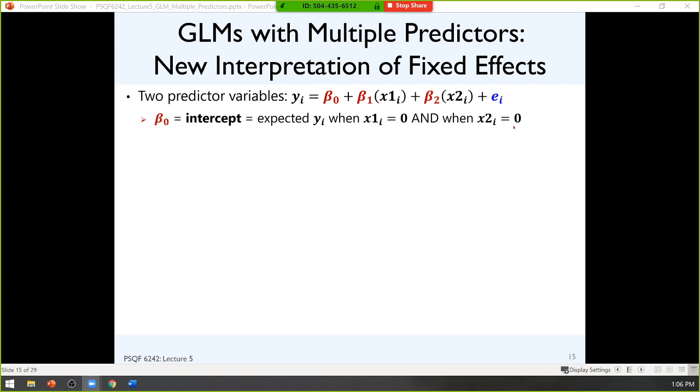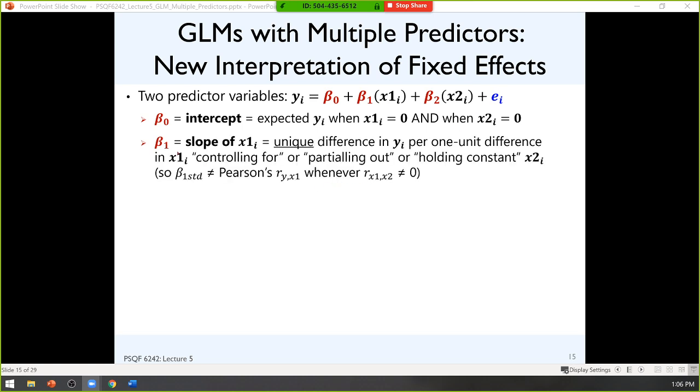And each predictor would need to be centered if 0 wasn't already meaningful, so that the intercept would be within the scope of the data. So for the slope of x1, rather than saying it's the effect of x1 on y, we would have to add in the conditionality of the fact that it's competing with x2 to try and explain this same variable.